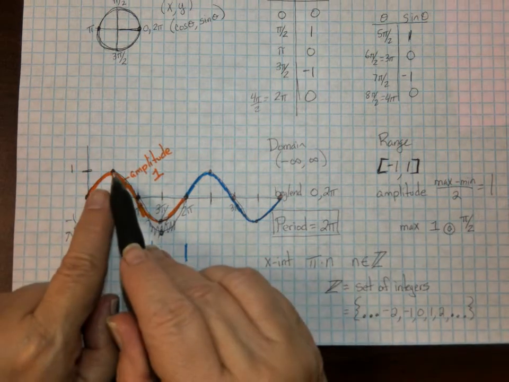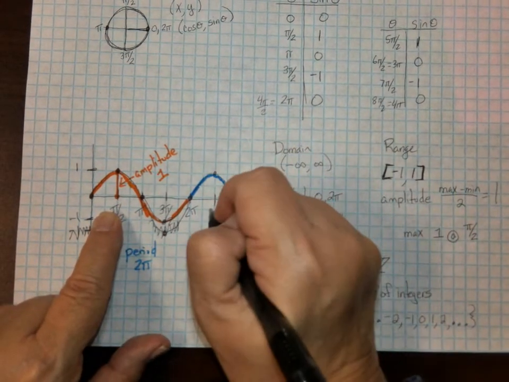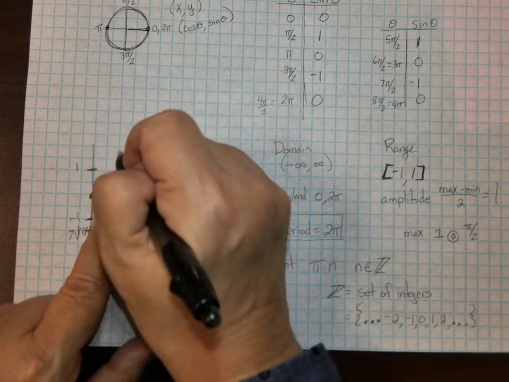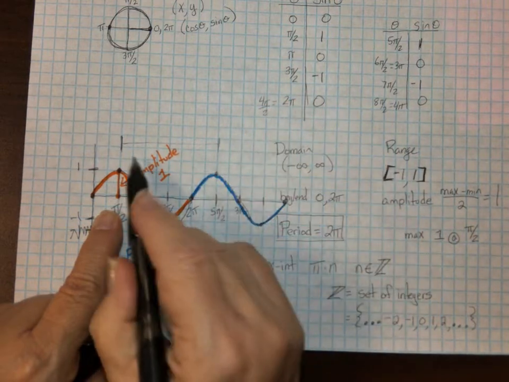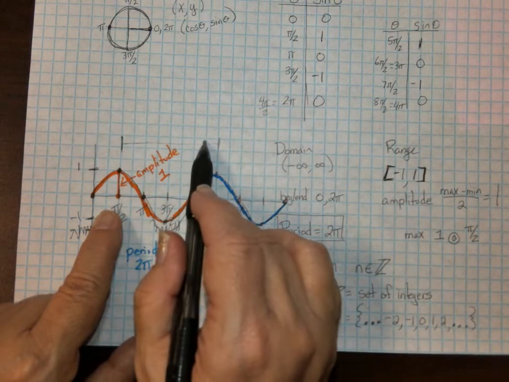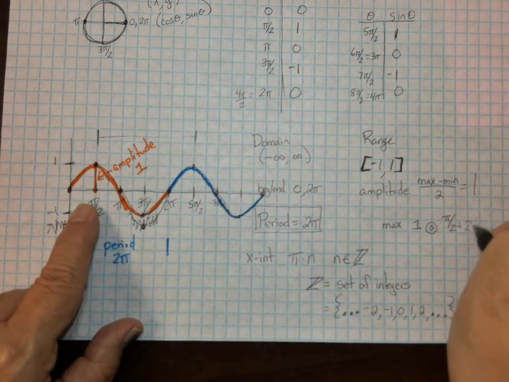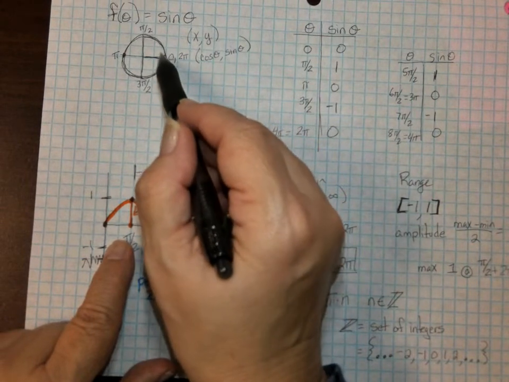So it's going to be at its maximum at pi over 2, and then again at 5 pi over 2. So what's the difference from pi over 2 over to 5 pi over 2? How far apart are those two guys? Do you see that they are 2 pi apart? Think about it on your unit circle.